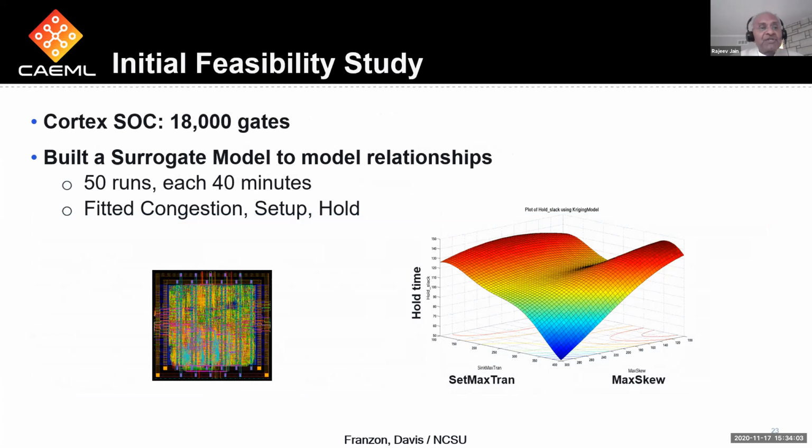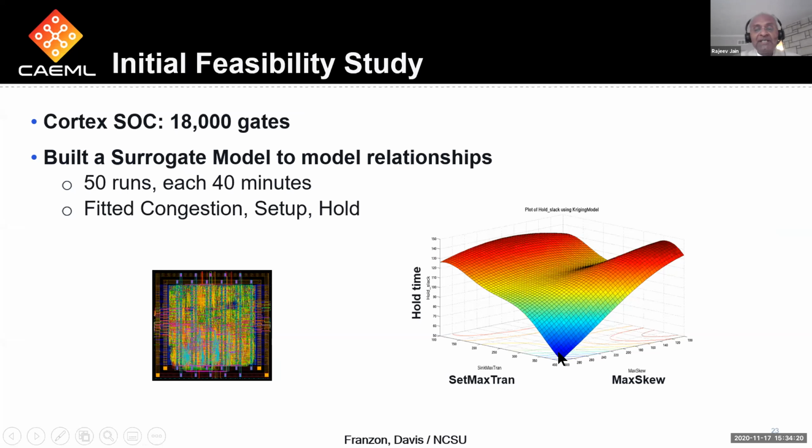And this is a result for a Cortex SoC, which builds such a model where it takes 50 runs. That means we have 50 data points, and from those 50 data points, the supervised learning model will interpolate a function that will tell you the output values, in this case the hold time, but they've done this model for all the parameters for power and performance.